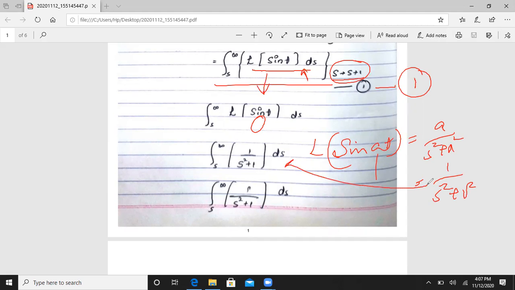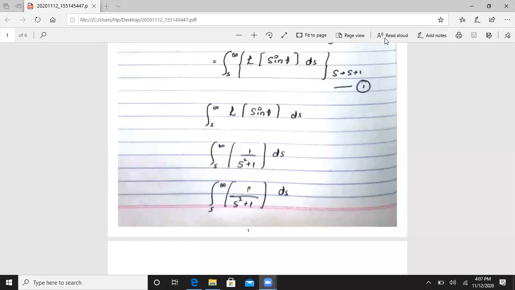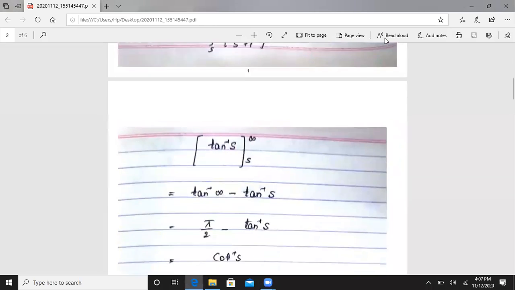I write this here: the integration from 0 to infinity, the Laplace transformation of sin t, is equal to 1 divided by s square plus 1 with respect to ds. It is the integration from 0 to infinity of 1 divided by s square plus 1 into ds.